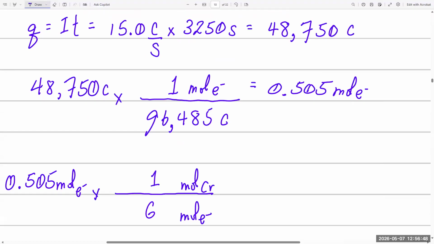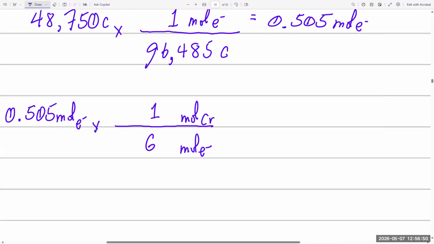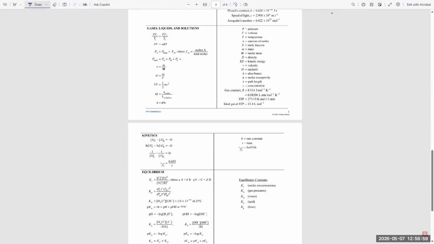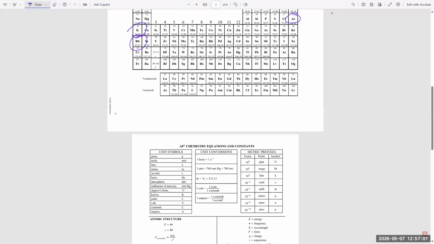That's from the equation. And then what do we need? We need the molar mass of chromium, and where is it? Oh, here it is.